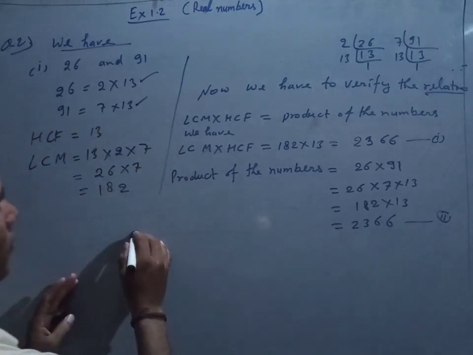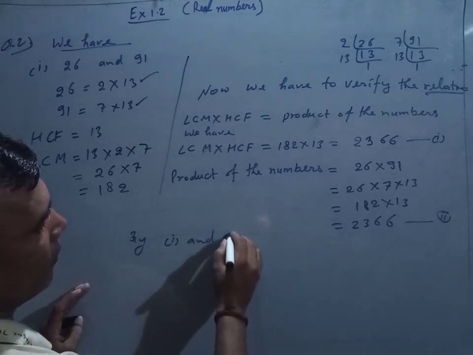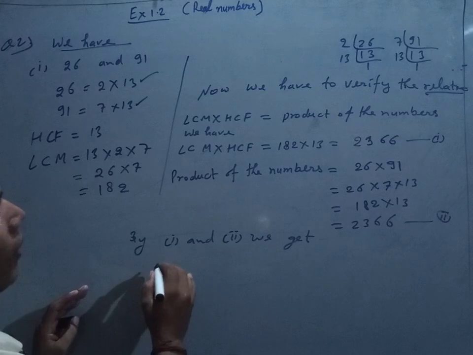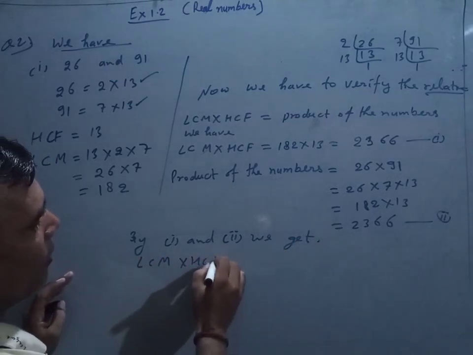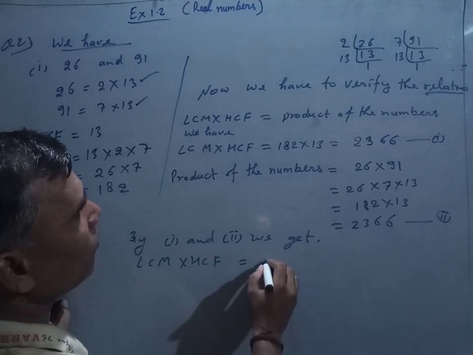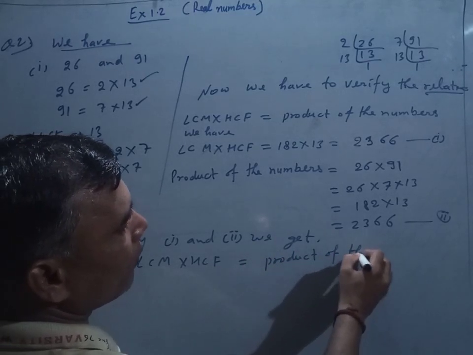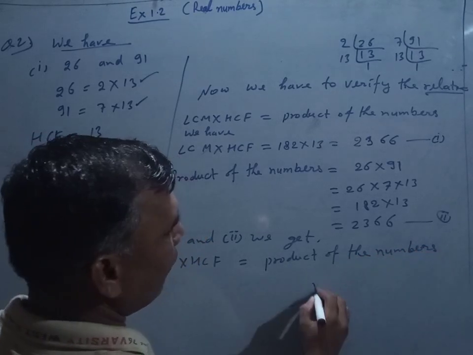Here by the first and second we get LCM multiplied by HCF is equal to the product of the numbers. Verified.